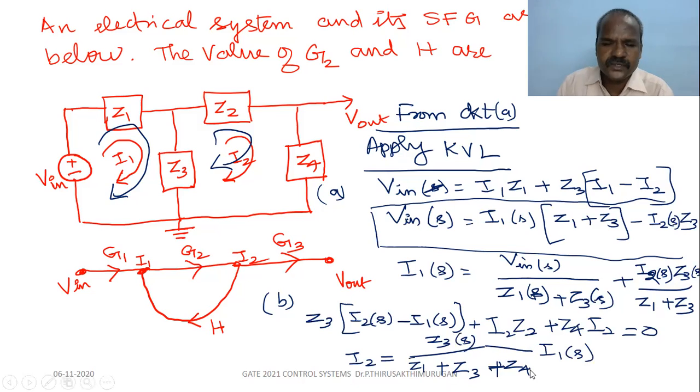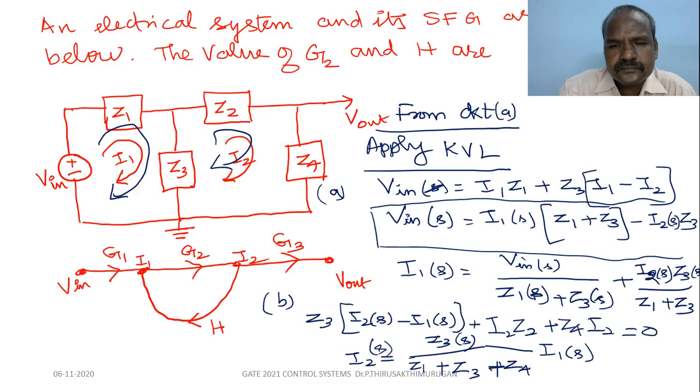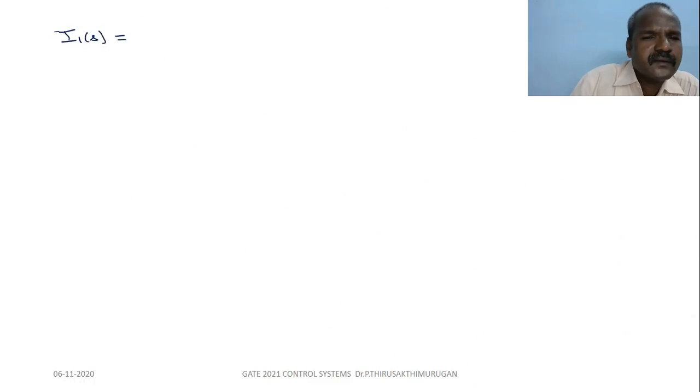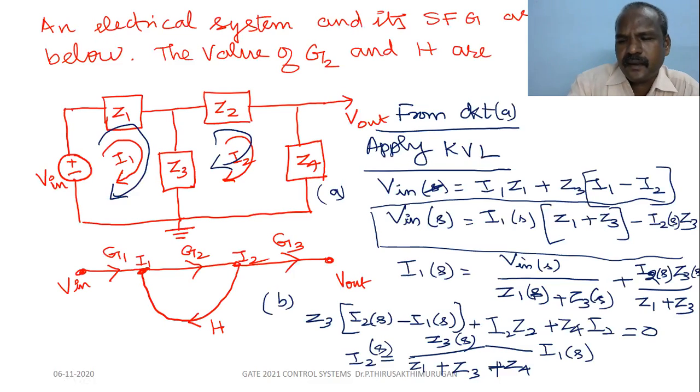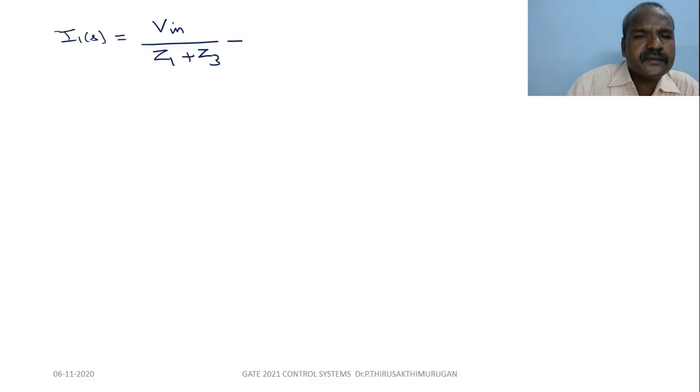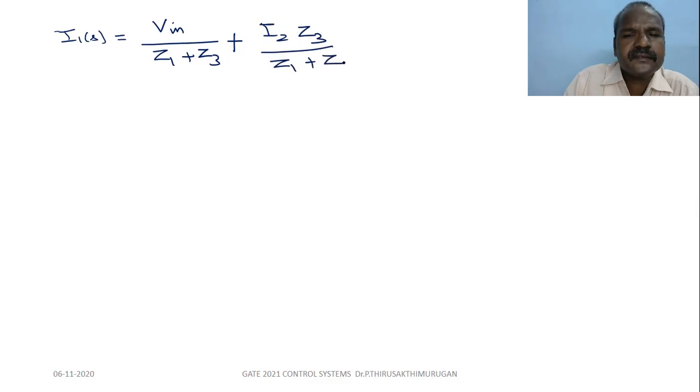So I1 of S equals V in of S divided by Z1 plus Z3, plus I2 Z3 divided by Z1 plus Z3.